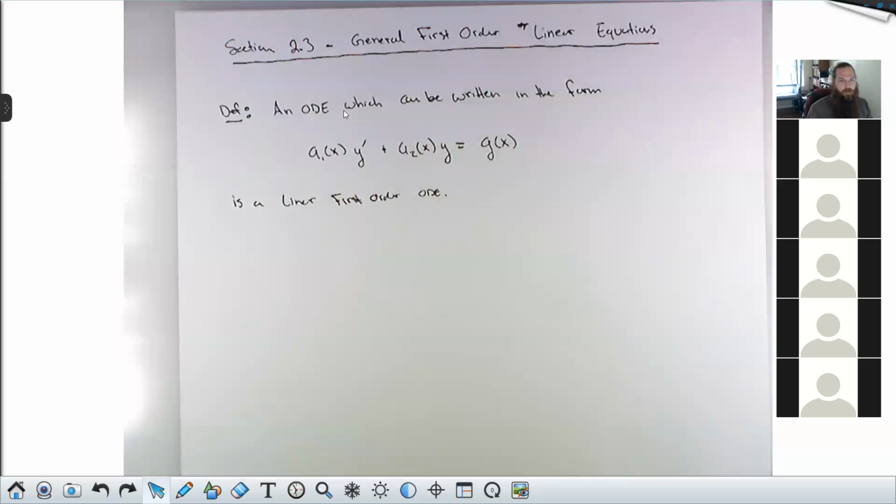And the A1 and A2 are called coefficient functions. And this, remember, is called the driver or the input function.